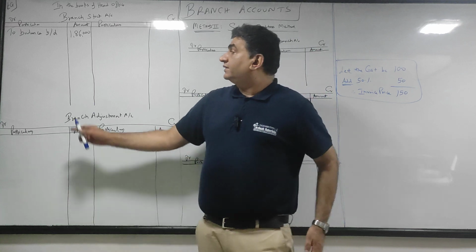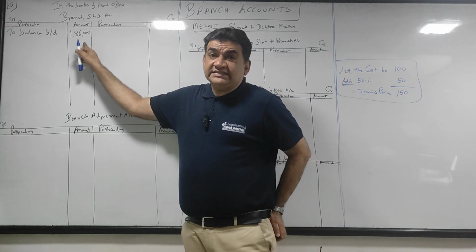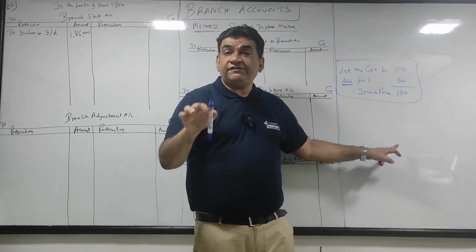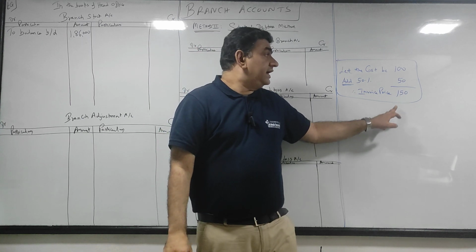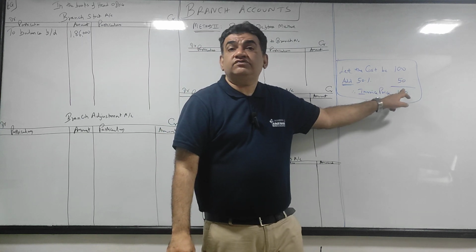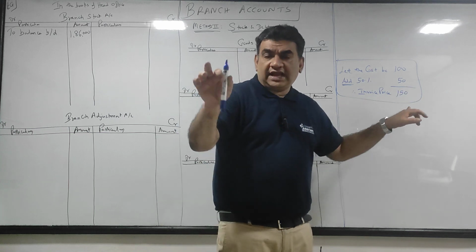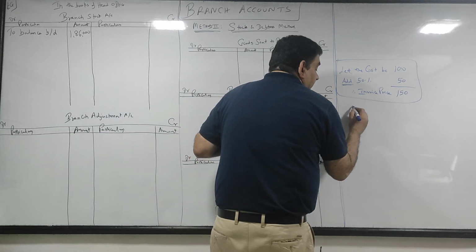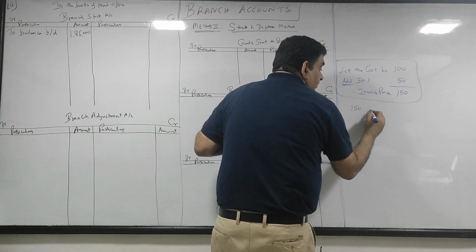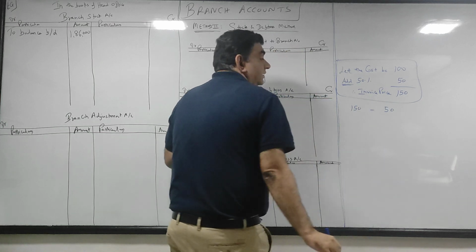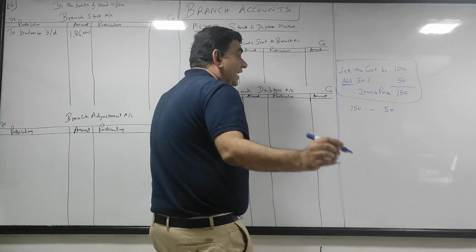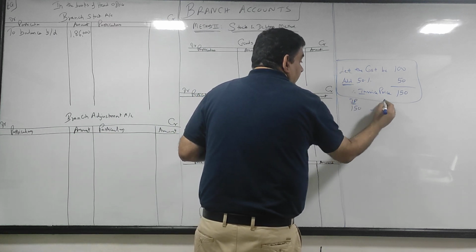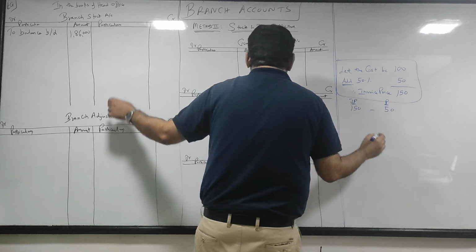Now guys, remember, this 186 is invoice price, that is 150. We have to find out how much the profit is, that is 50. So see, I'll just show you for one sum which we have already done. When my invoice price is 150, profit is 50.